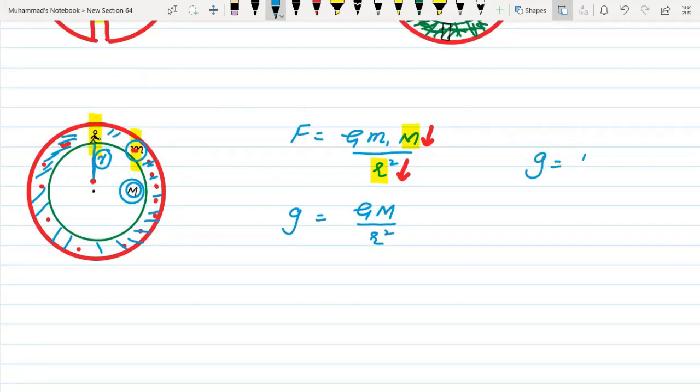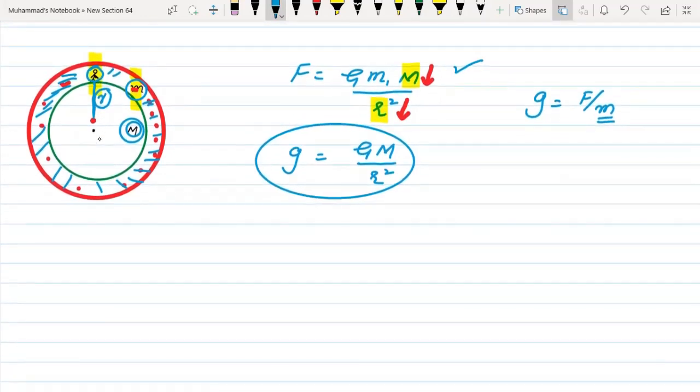Gravitational field strength is the gravitational force per unit mass, and if you want to find the gravitational field strength at that point, that will be the gravitational force divided by your mass. Okay, so you will get this relationship. Now we see M is also changing, r is also changing.